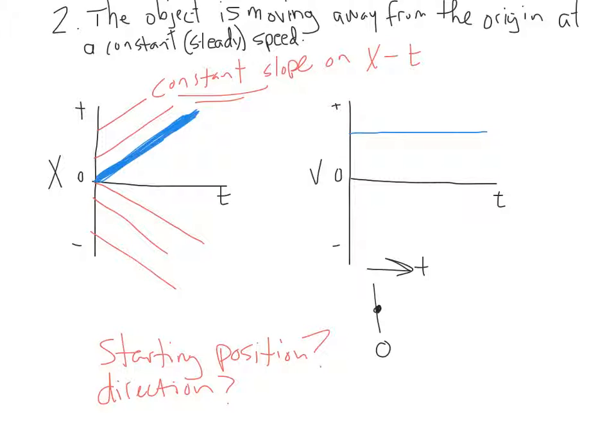I'm going to travel in the positive direction with a constant velocity, so my arrows point in the positive direction, and notice they are all about the same length. Why are they the same length? Because this object is traveling with a constant velocity the entire time. So that's number 2. Number 3.